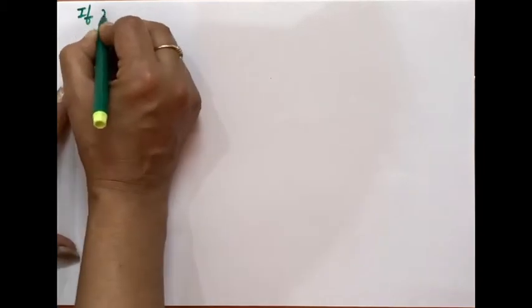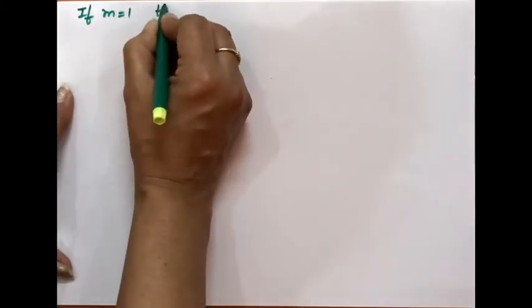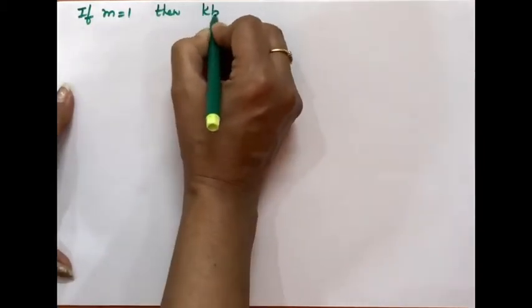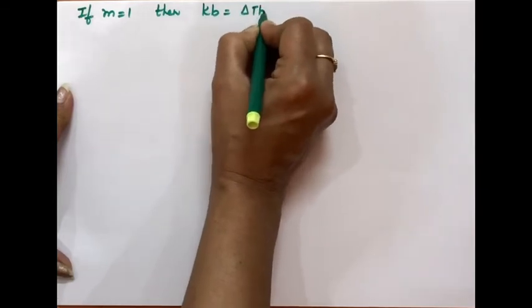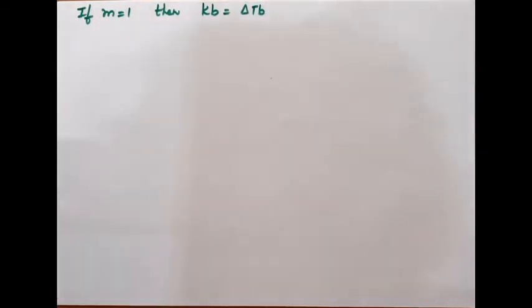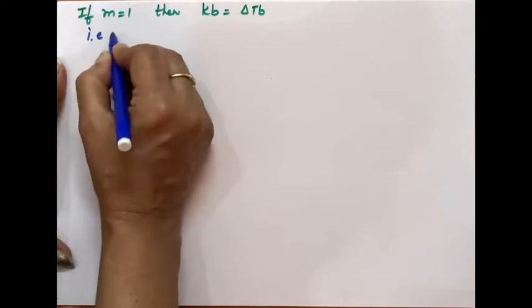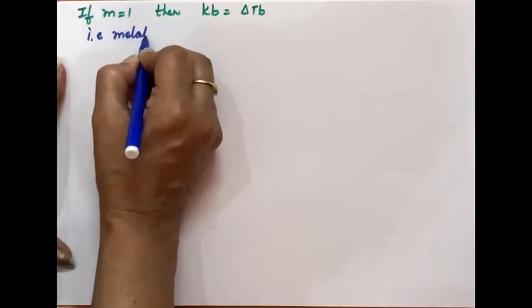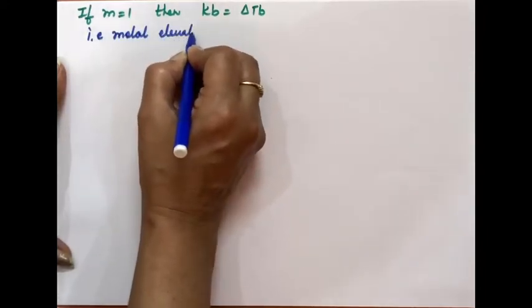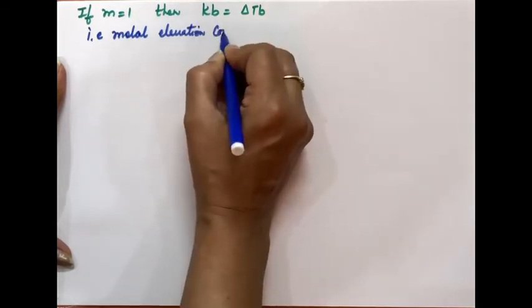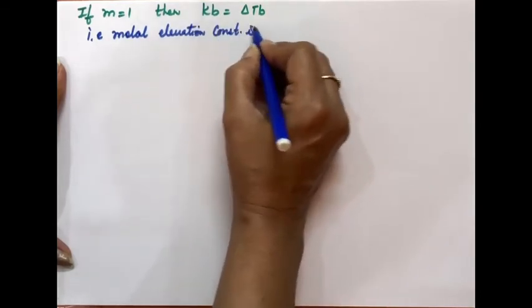So if molality is 1, then Kb is equal to delta Tb, and from here we can define it, that is molar elevation constant.